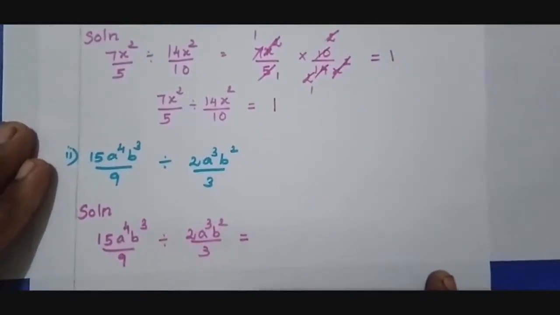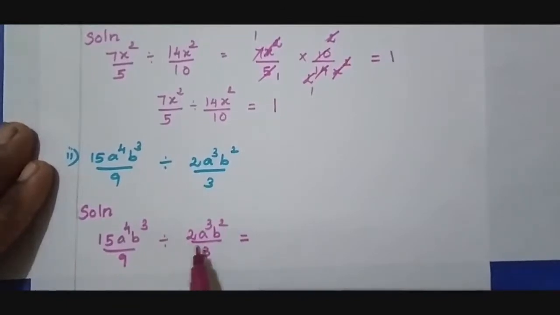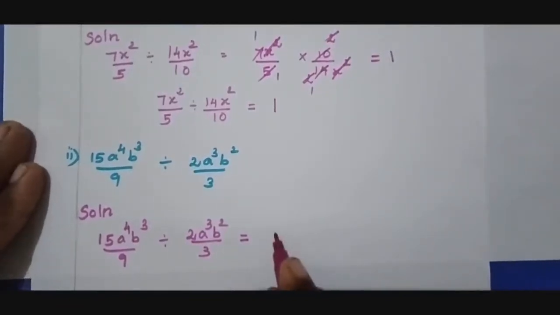How to divide two algebraic fractions? Multiply the first fraction by the reciprocal of the second fraction. So what's the reciprocal of the second fraction? The reciprocal of 2a cube b square by 3 is 3 divided by 2a cube b square. Am I right? Yes.